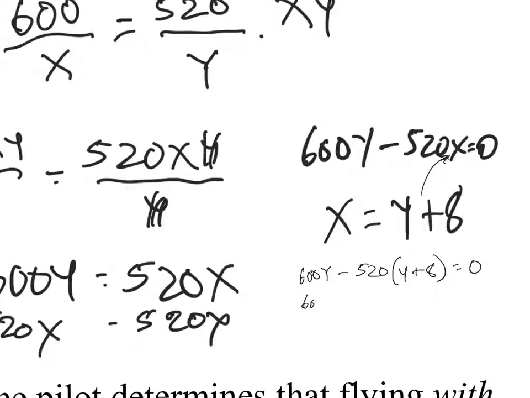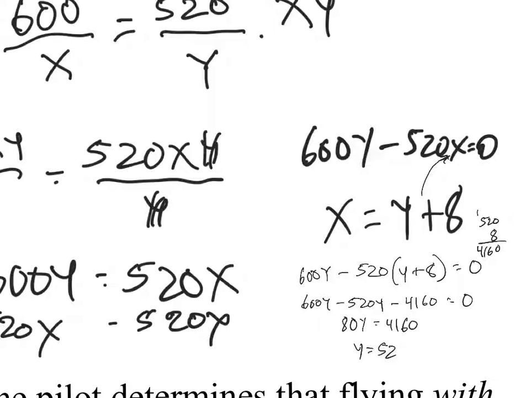So 600y minus 520y minus 8 times 520. Some of you with a calculator will be faster than me. 4160 equals 0. So essentially this comes out to 80y equals 4,160, or y, as we figured out, is 52.